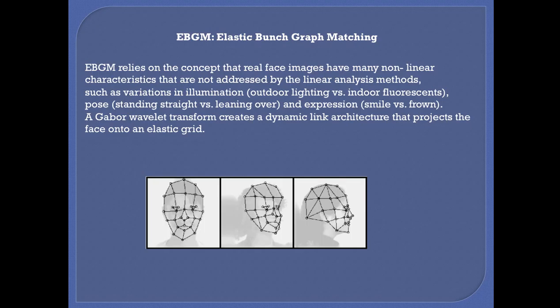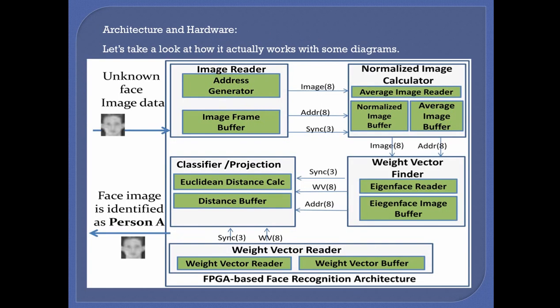branches of facial recognition. So let's look at some of the architecture. And obviously this looks familiar to what we've been seeing. The image reader module reads out a 20 by 20 image in this figure, and stores each pixel of the unknown image into the frame buffer.